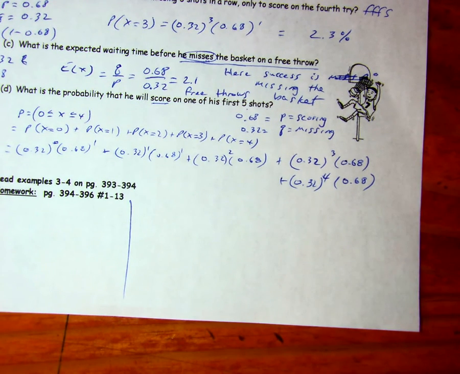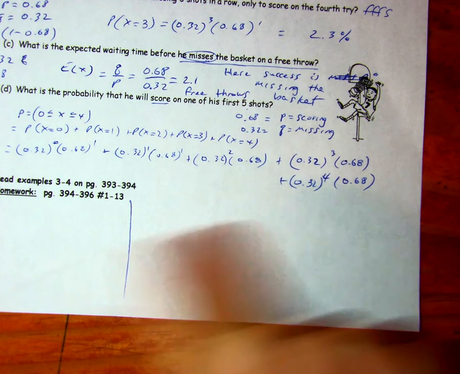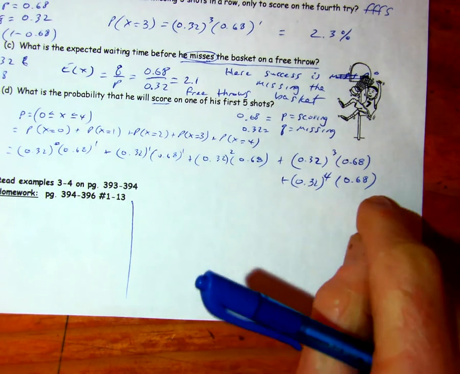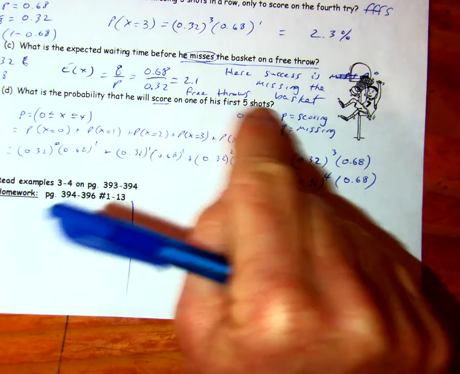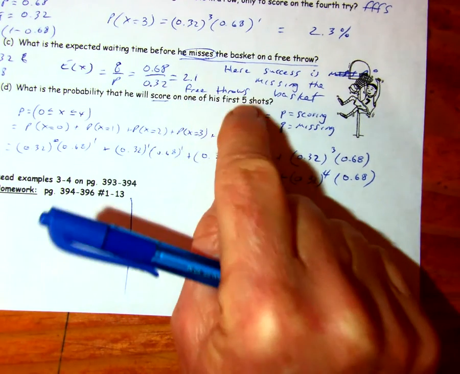Wait, sir, why don't we include the fifth shot? Because it says one of his first 5. The scenario is he's going to keep on shooting, and he's going to end when he gets a success. So the last one is always going to be a success. There's not going to be 5 failures, because he's got to score by the 5th shot.